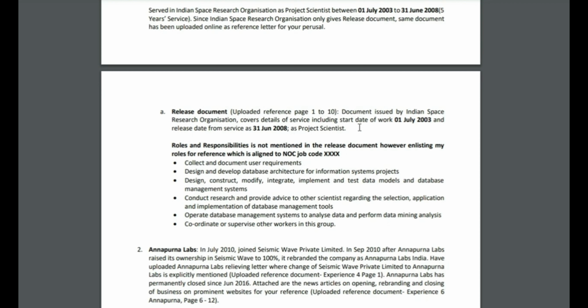Now, in my case, the letter template did not have the job duties listed. So I on my own wrote the roles and responsibility and said, since it is not mentioned in the document, I am enlisting my role for reference, which is aligned to the NOC job code. So here the details were given by me, which is a self-declaration. Okay.